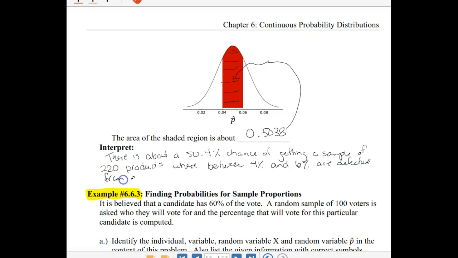Again, we're taking these from a population where 5% of all the products are defective.